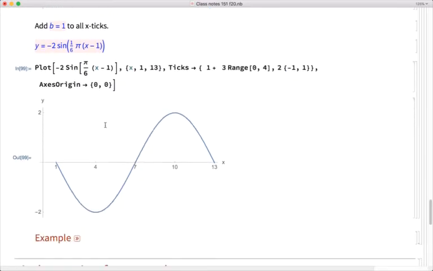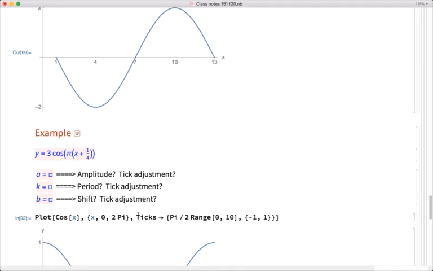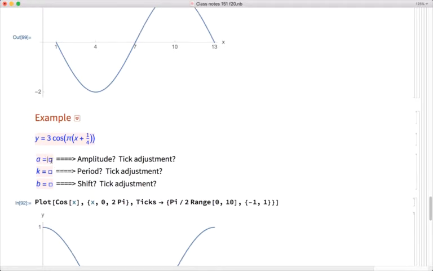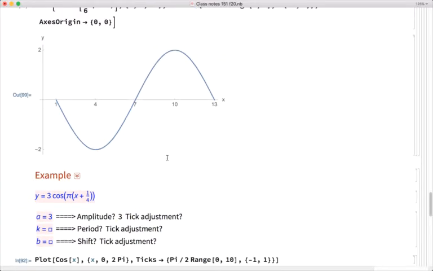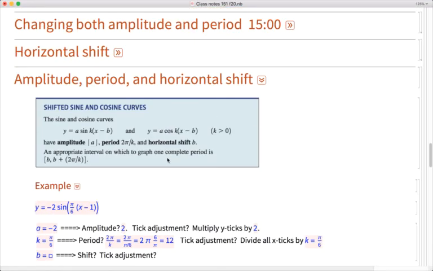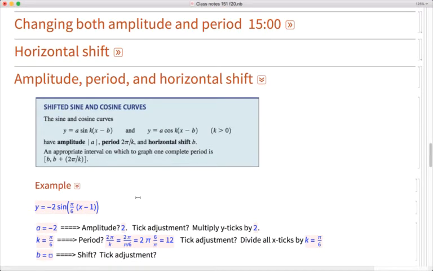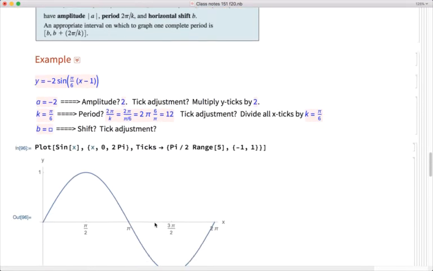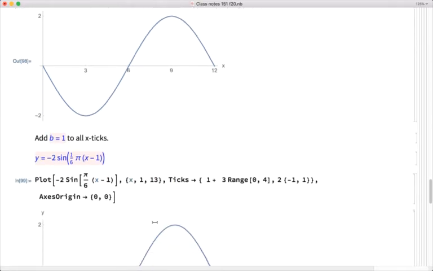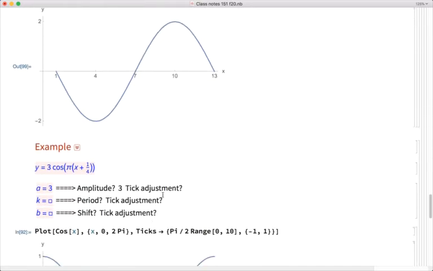Okay. One more example. Maybe I'll try to do these one at a time here. The amplitude is 3. Sorry to scroll back here, but no, I had this right. The amplitude was 2. I couldn't remember if I had the absolute value taken right. Okay, the tick adjustment, so we're going to multiply y's by 3.